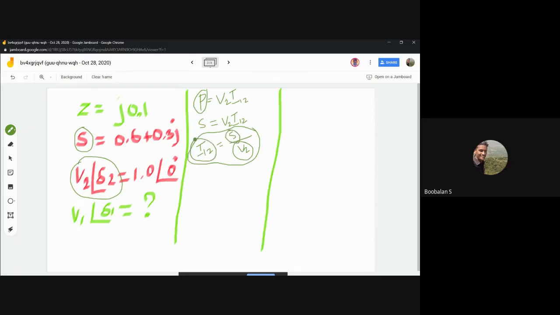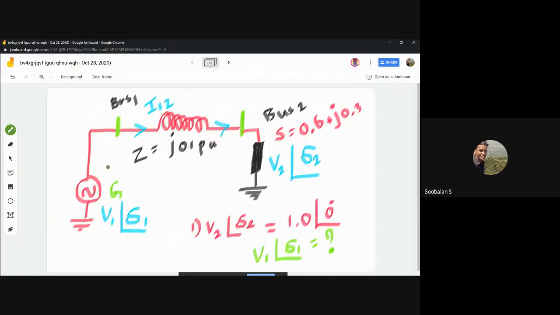Once we get I12, we can definitely calculate my V1. So how can we calculate it? Once I12 is obtained, V1 is on this side and V2 is on this side. So what can we do? V2 minus V1 divided by the whole impedance gives your current, right?